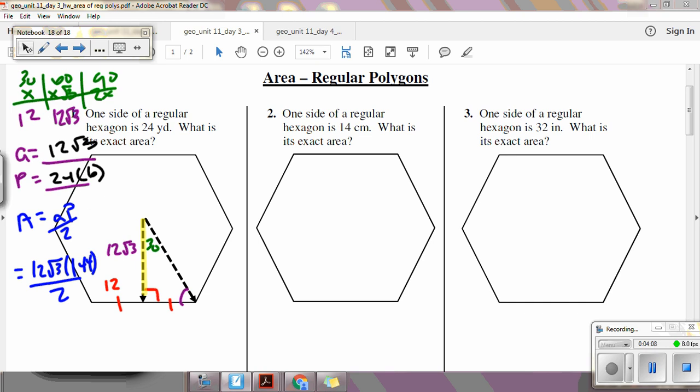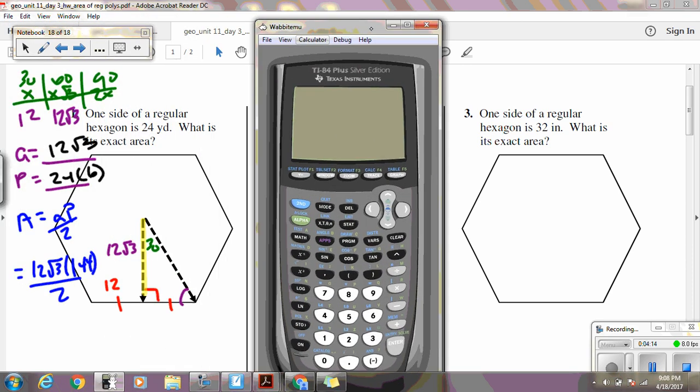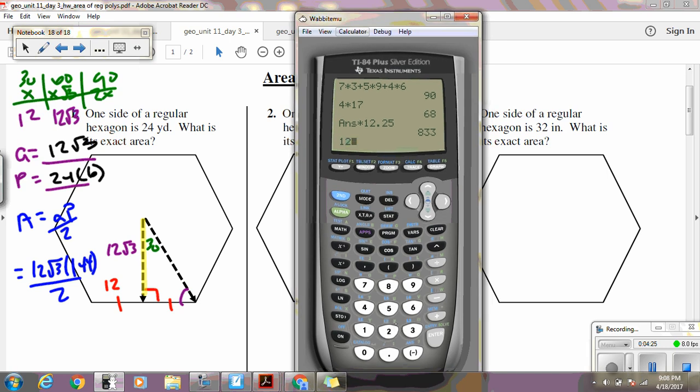Alright, so now when I grab my calculator, I'm going to ignore the square root of 3 for a little while. I'm only going to concern myself with whole numbers. So multiply 12 and 144.